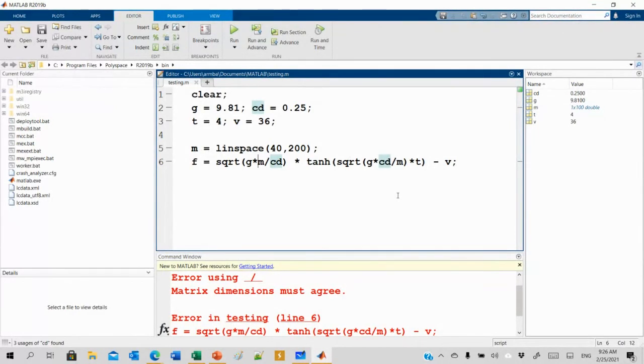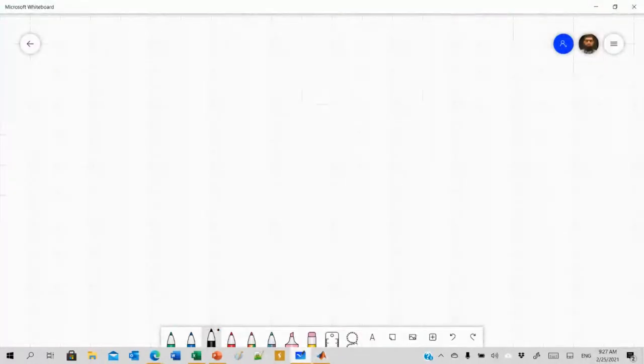The m that we have defined is a vector, and you cannot divide by a vector like this. We use the dot with the division. We call this an element wise operation, so that it divides each thing by the values.